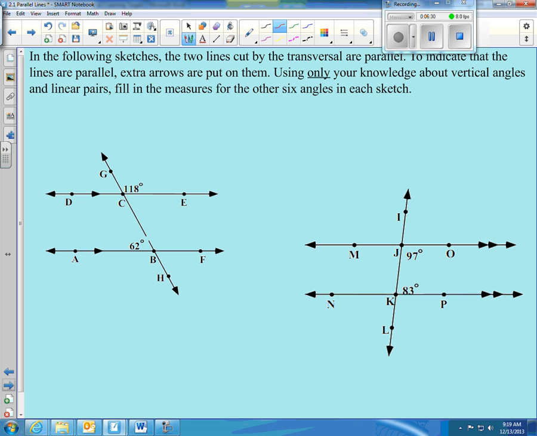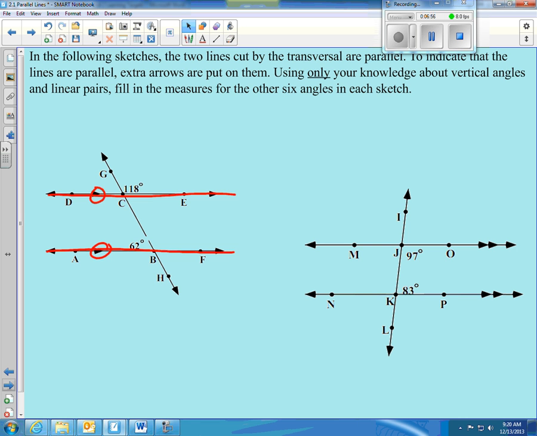In the following sketches, the two lines cut by a transversal are parallel. So that's saying that this line and this line are parallel. To indicate that the lines are parallel, extra arrows are put on them, here and here. Using only your knowledge about vertical angles and linear pairs, fill in the measures of the other 6 angles in each sketch.